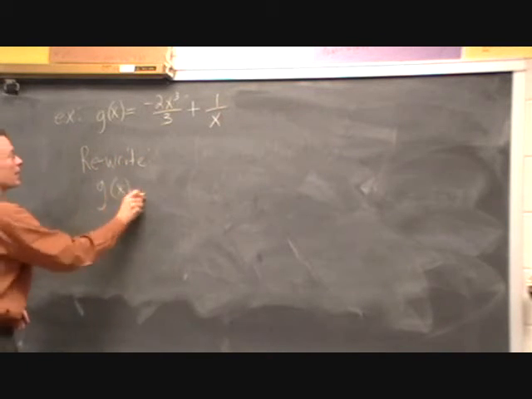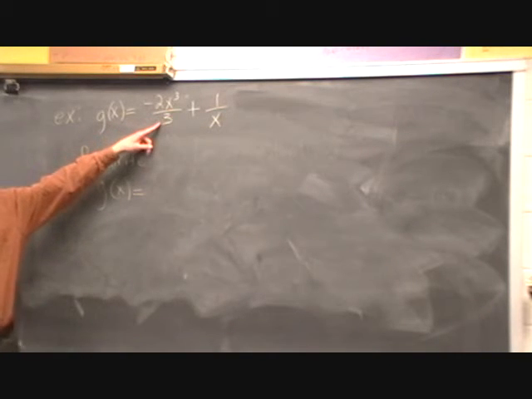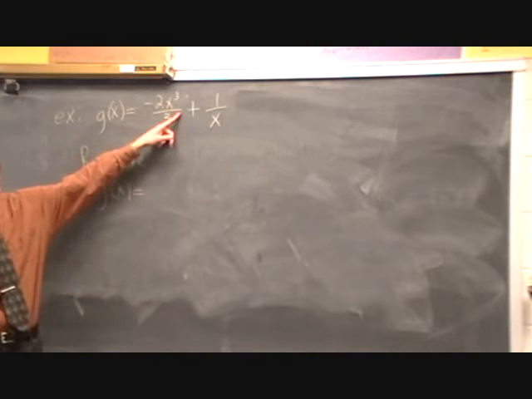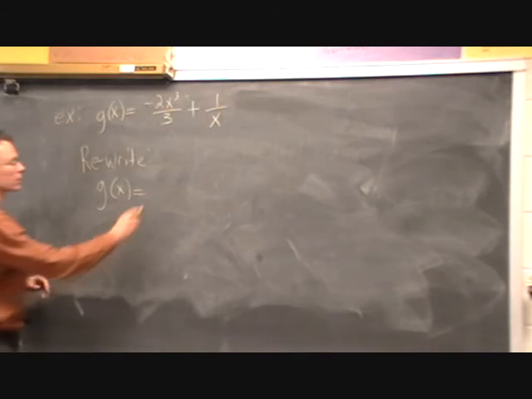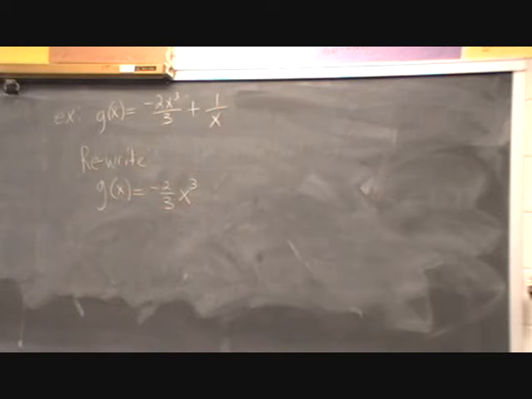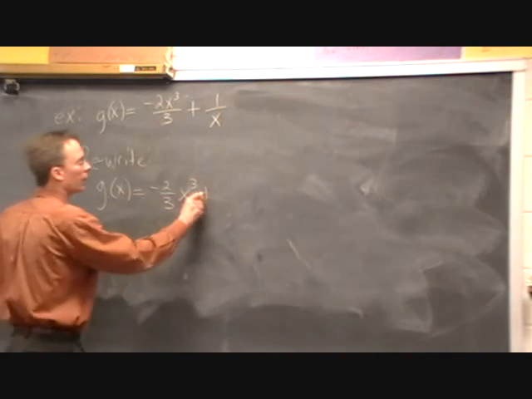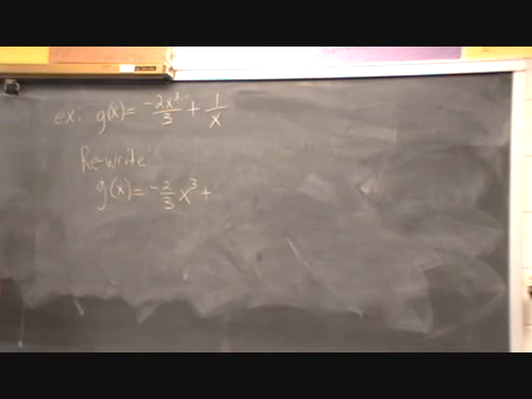Let's say instead g of x equals, well, while I'm at it, I think I might take that x cubed and put it out front and just make the negative 2/3 a coefficient. Is that all right with everyone? Let's do it. And instead of calling this 1 over x, that's really just x to a power. Negative first power.